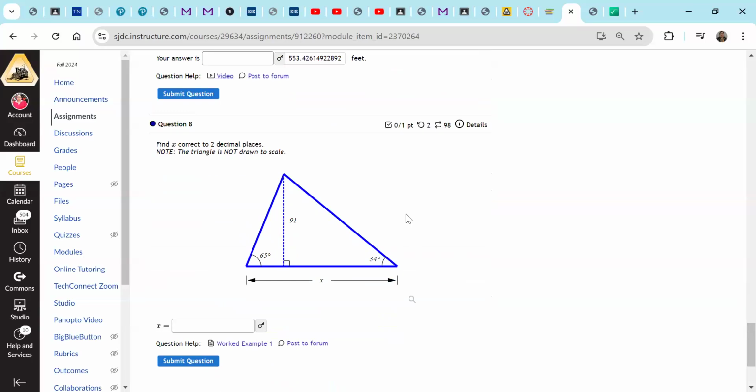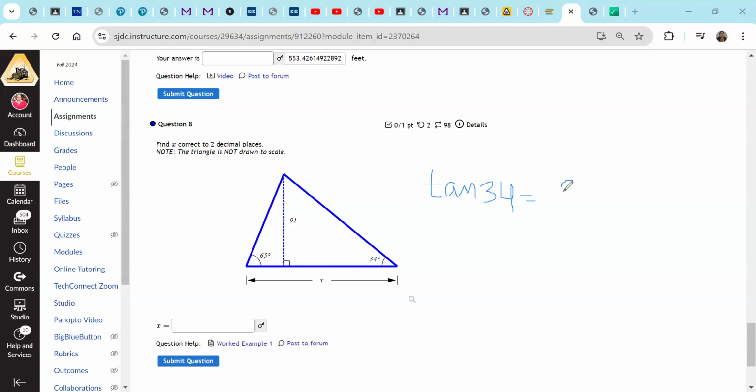So to figure out the x, if I am right here in this triangle, I will say, okay, so the tangent we can use again here, tangent of 34 degrees. Tangent of 34 is equal to, from this angle, opposite over the adjacent.